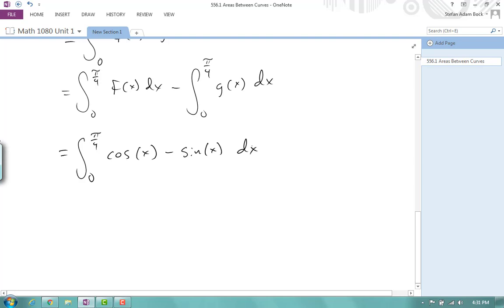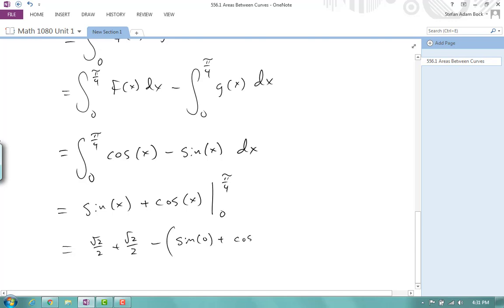The integral from 0 to pi over 4 of f of x, which is cosine, minus g of x, which is sine. When I find this antiderivative, I'll have sine of x, minus, actually plus, cosine of x, evaluated from 0 to pi over 4, which comes out to be root 2 over 2 plus root 2 over 2 minus sine of 0 plus cosine of 0.